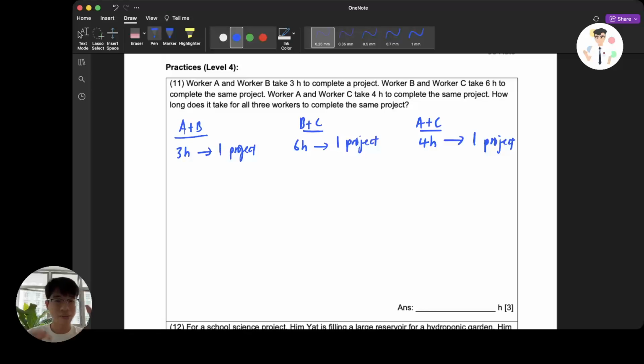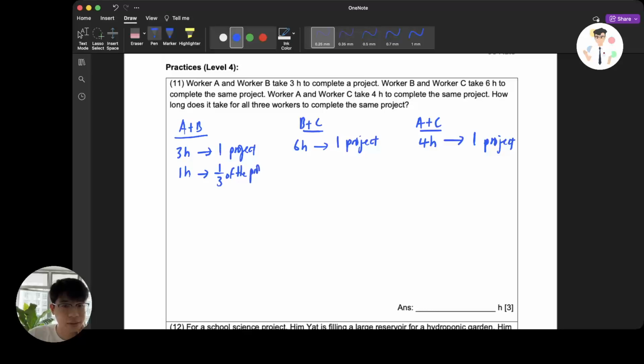Means that now AB 3 hours, BC 6 hours, AC 4 hours. If A plus B plus C, how long will it take? Now, this is actually kind of interesting because it will involve many things. But what we can first find out is that if 3 hours is needed for one project, it means that in 1 hour, it can solve only 1/3 of the project.